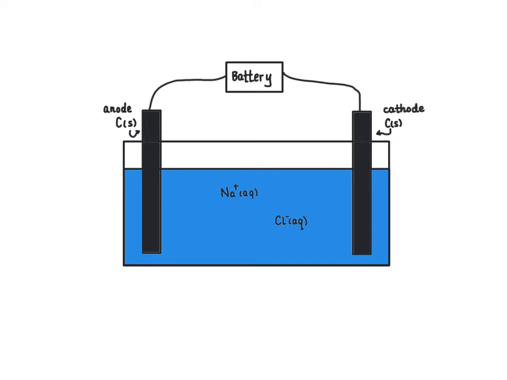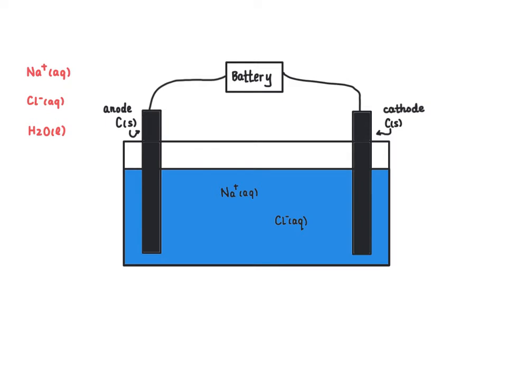These electrodes are immersed in a solution of sodium chloride. If we were to do the 5-step method on this electrolytic cell to determine the two reactions, we would start by listing what species are present in the cell. So we have sodium ions, we have chloride ions, and we have water. Because our electrodes are inert, we don't have to list them.